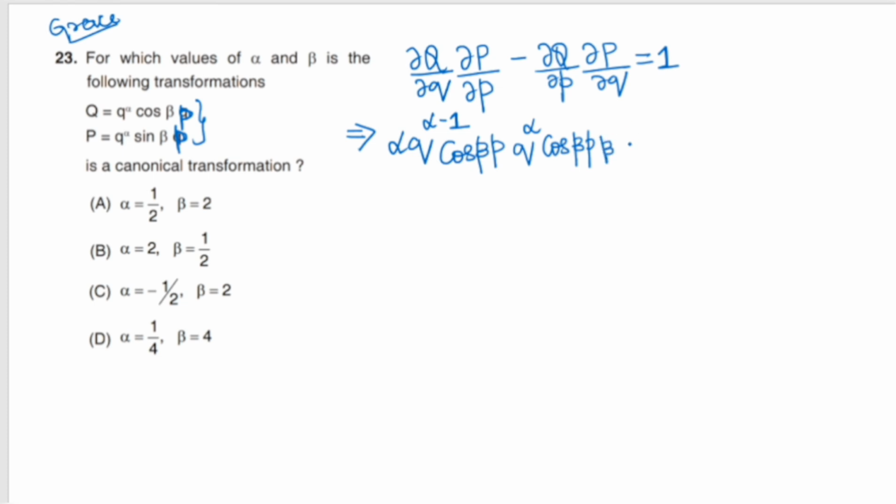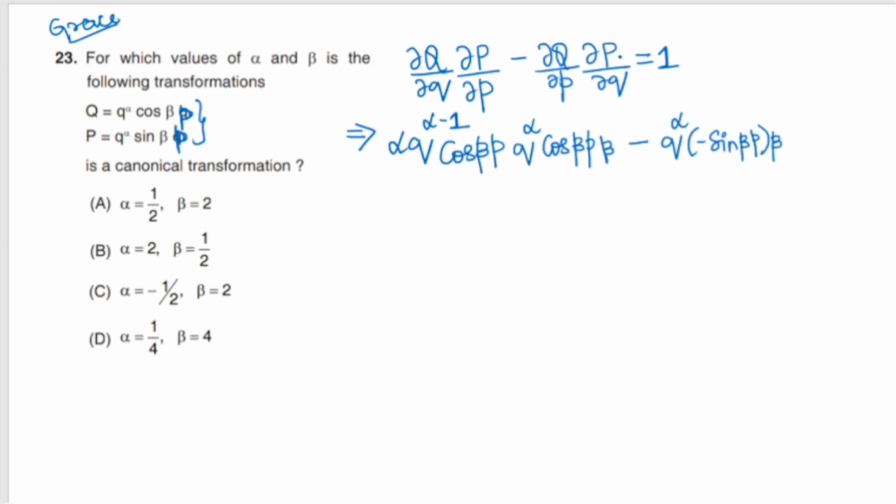Yes. Minus dou Q divided by dou p. So we need to do with respect to p. So q to the alpha remains same as it is. Cos of beta into p, if you take the derivative of this, it will be minus sine of beta into p, and beta will come, right?